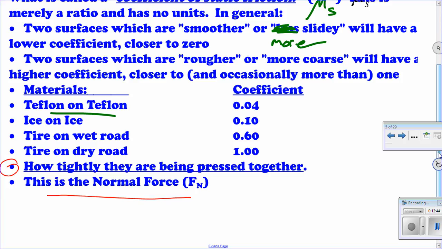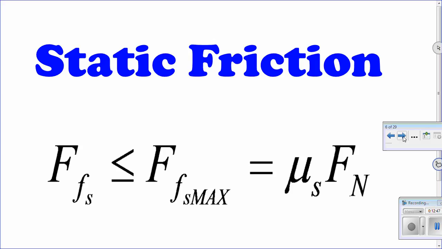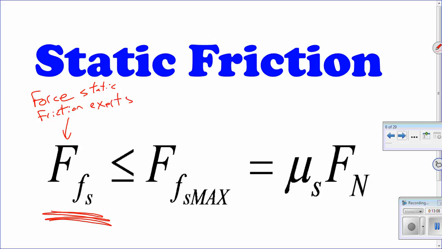Everybody happy? Cool. Okay, so here is the equation for static friction. The idea is, for a given object, the force that static friction is actually exerting is always going to be less than or equal to the amount of force that static friction can exert.